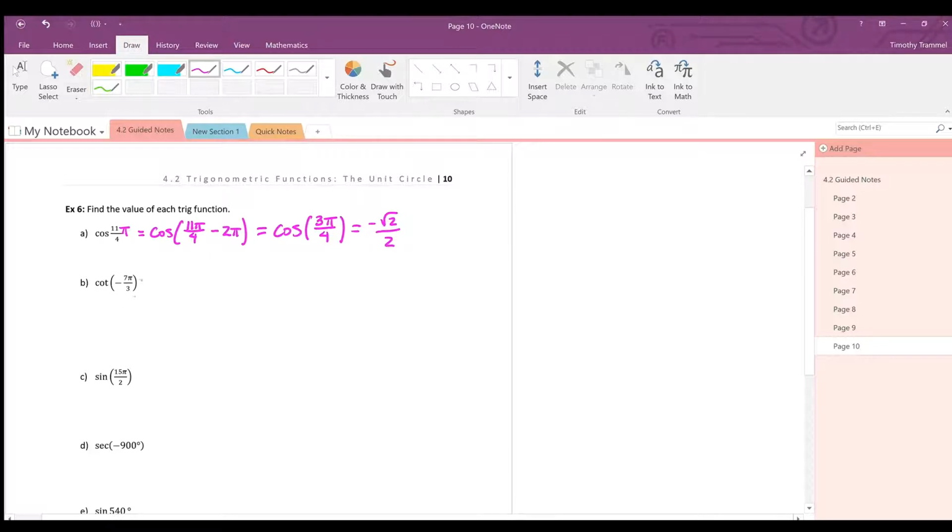All right, and then now we have cotangent of minus 7 pi over 3. Let's use a different color this time. The period of cotangent is actually pi, so we can just add multiples of pi. Do we think that just a single pi is going to be enough?